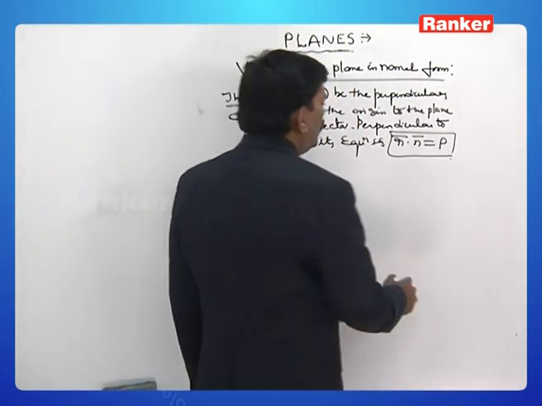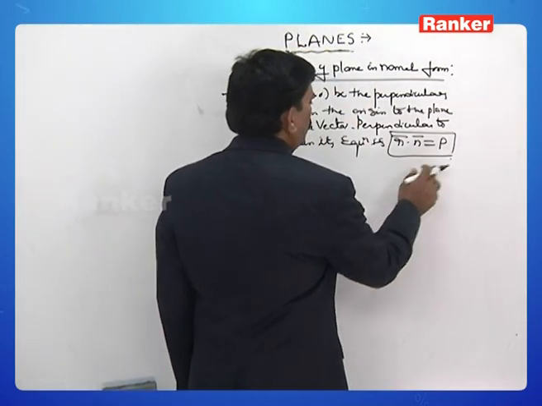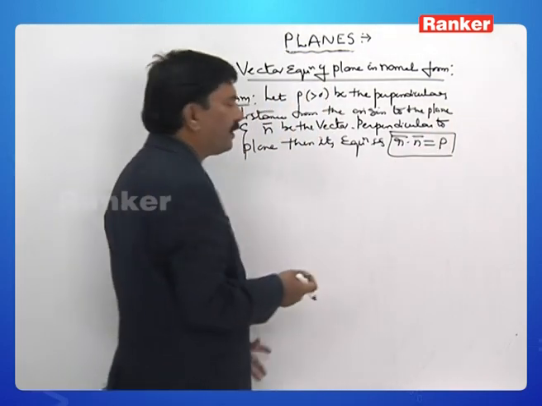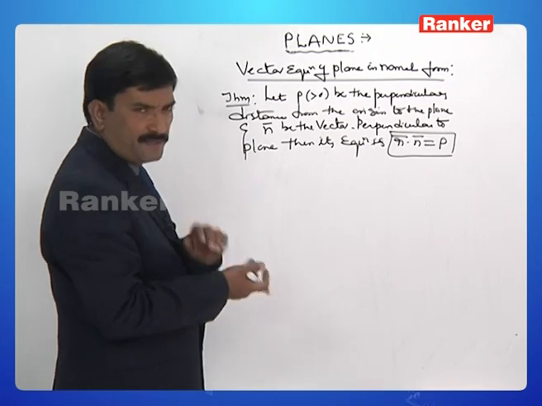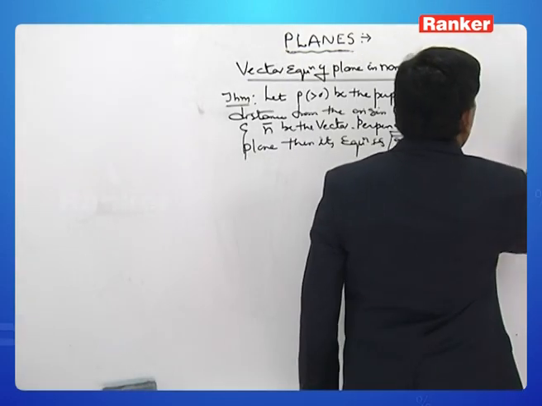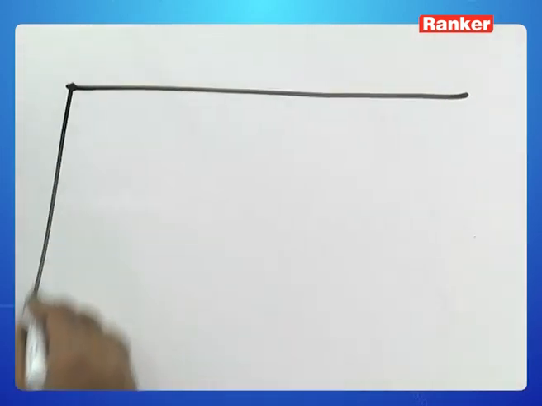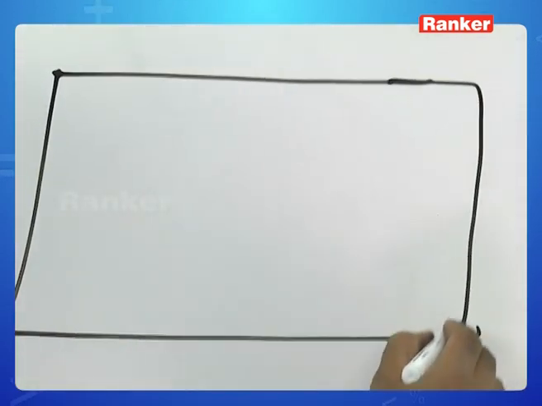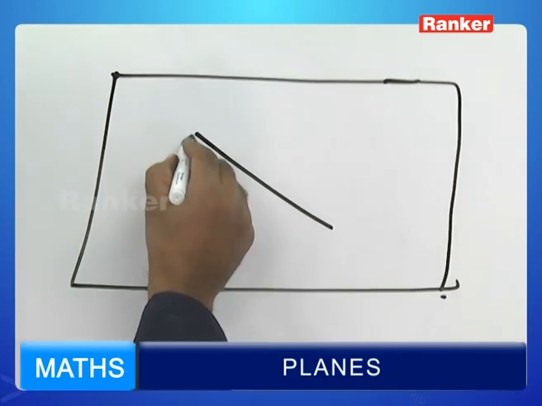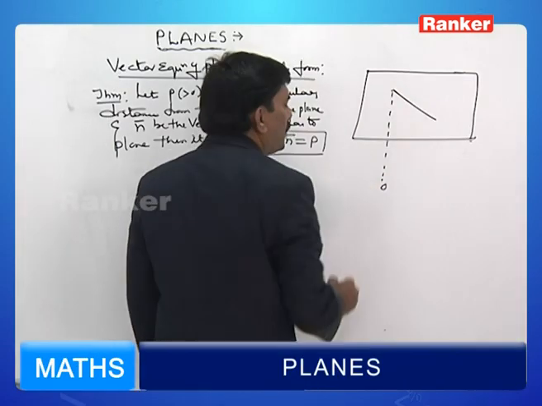Or else you can also write n cap also, n cap is the unit vector perpendicular to the plane. I have taken the vector. So therefore, let us see, the plane is taken like this. Now, this is the origin.